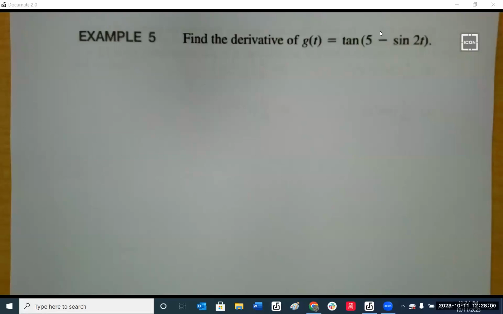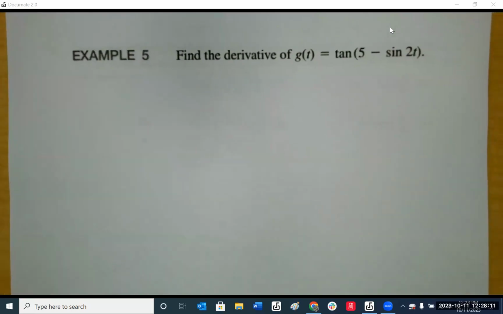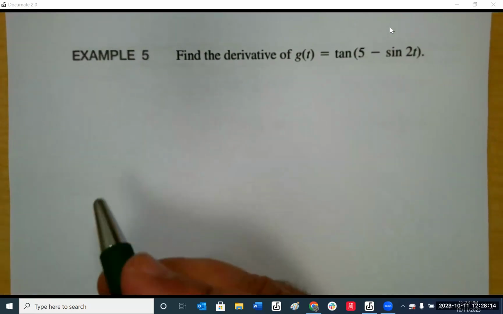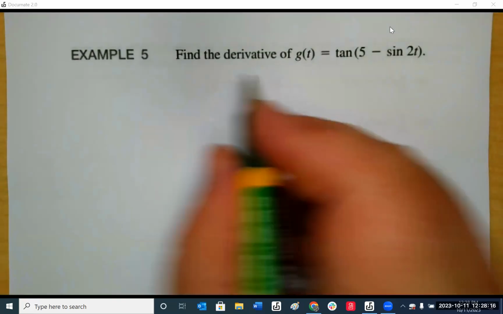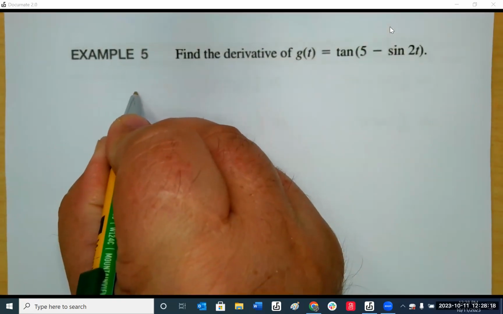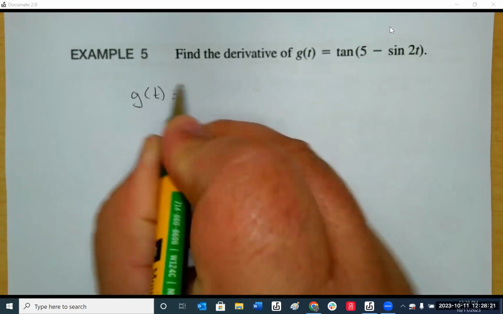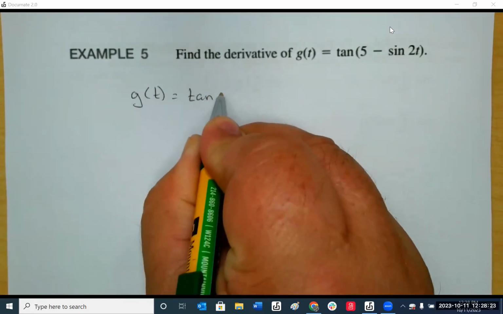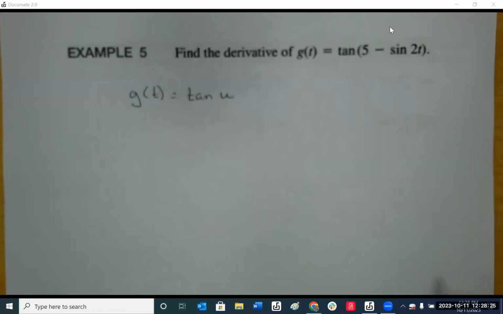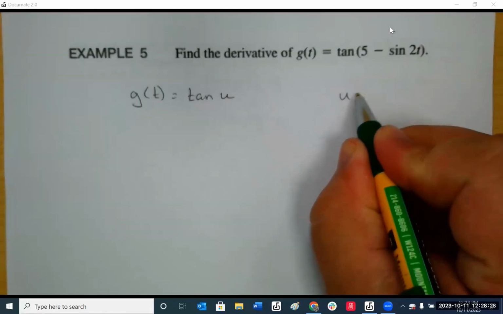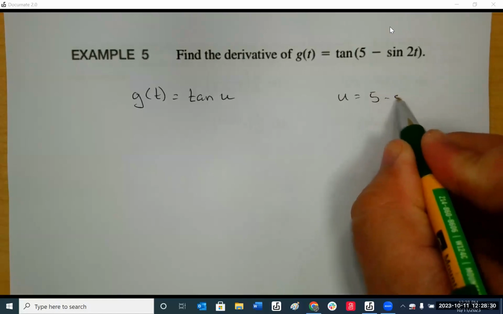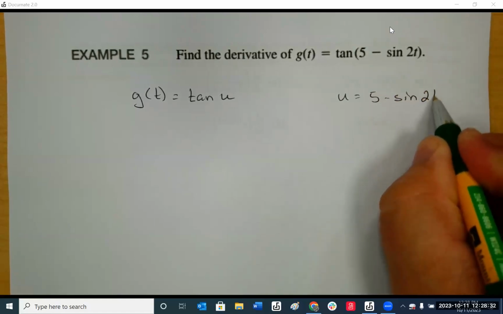Right, so the first thing we have to do, this is going to require a couple steps. So what we have here is g of t equals tangent u, where u is equal to 5 minus sine 2t.